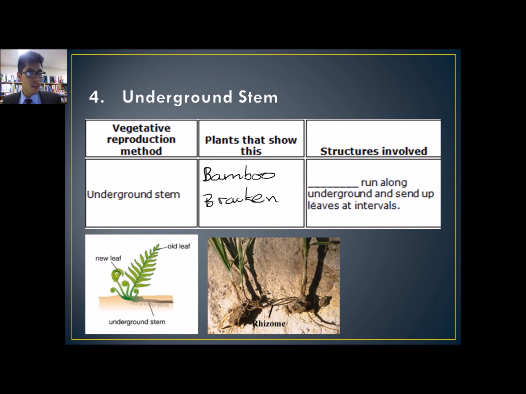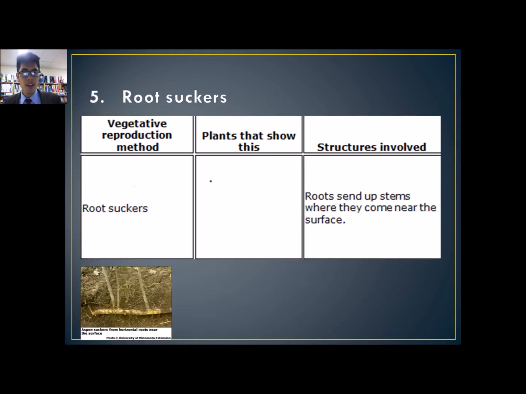Okay, so stems run along underground and send up shoots at intervals. Send up leaves. So over here, this is the stem that runs underground, and then it shoots up a leaf at intervals, and then it grows up to a bigger plant here. Okay, underground stems. Then you've got root suckers, and the ones that show this are the eucalypts.